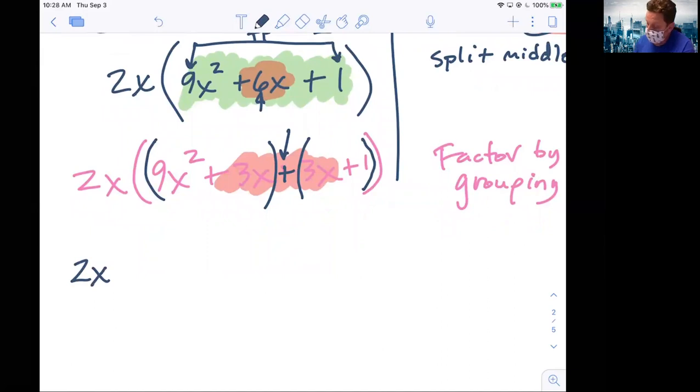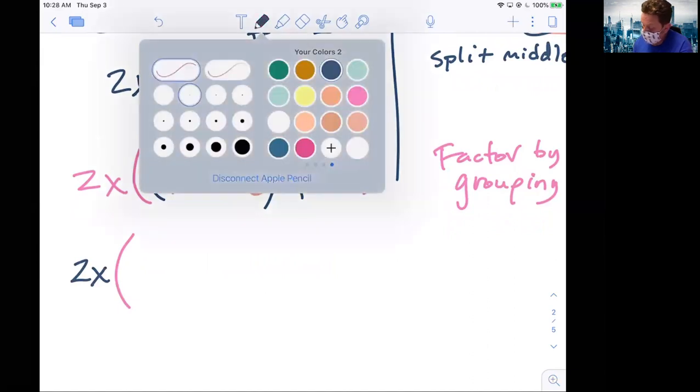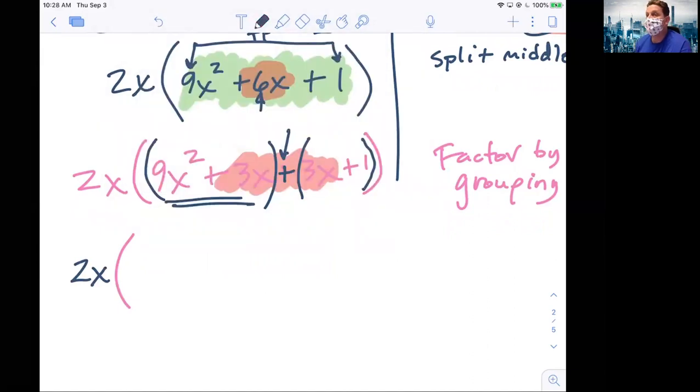Okay? So what we do now is we pull out a common factor. So we're going to have the outer parentheses, and then inside, what is common in 9x squared and 3x? 3x. So we're going to put a 3x in a parenthesis, and that leaves us a 3x plus 1. Boom. Okay? Now we move on to the next one, plus. Is there anything common in 3x plus 1? No. So what could we factor out? Really, we could just put a 1 there.